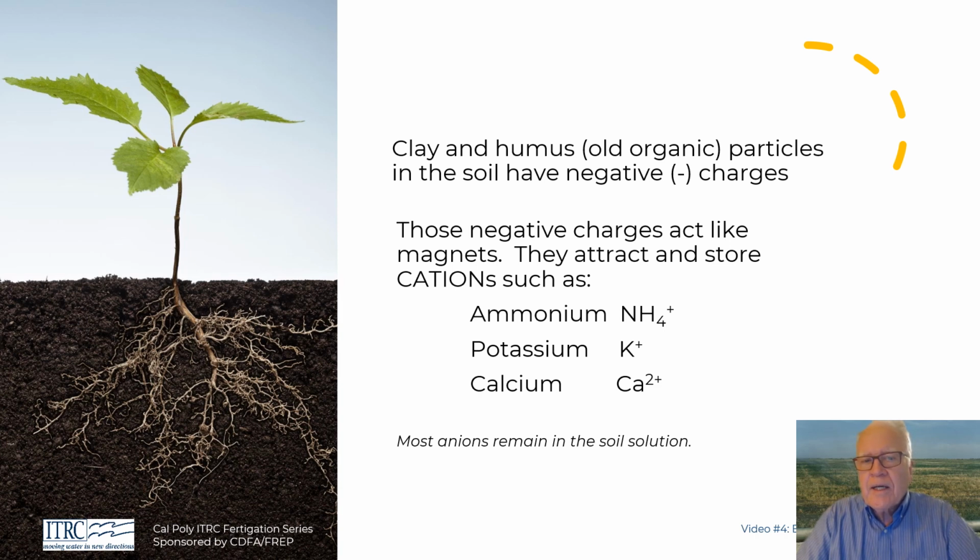And that's where we have what we call a cation exchange capacity. They have negative charges, so they attract and store on their surface, not inside, but just on the surface, just like a magnet. They attract cations like ammonium, potassium, and calcium. And most of the anions then are just found in the soil solution.